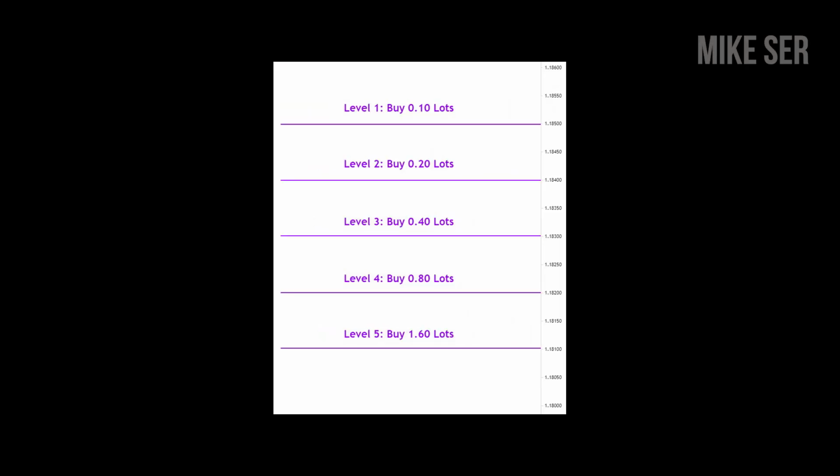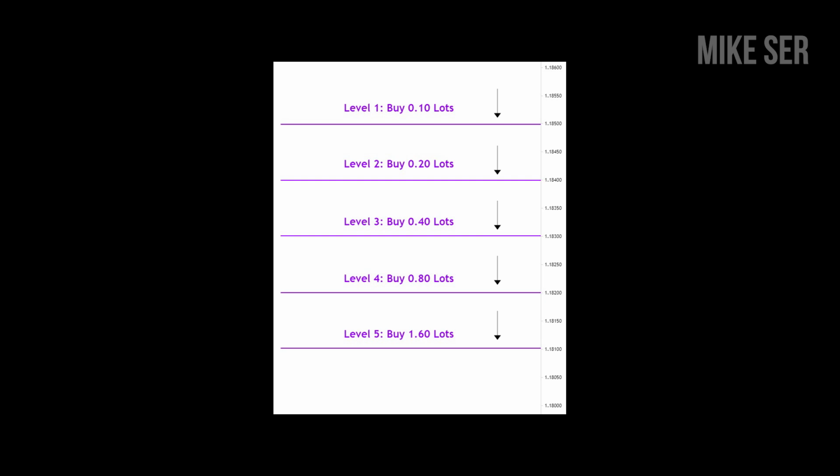So let me show you this illustration so you can better understand the strategy. If you look at the chart here, let's just say you start off with a buy position of 0.1 lot at this level. Now if it goes down, then you would buy 2 times that, which is now 0.2 lots. And if it goes further down, you'll buy 0.4 lots, and then 0.8, and then 1.6.